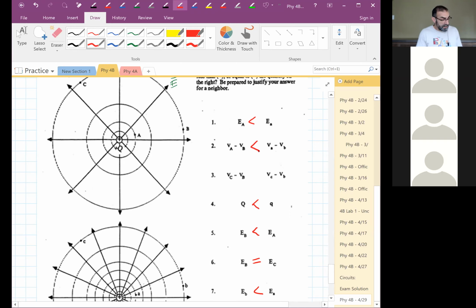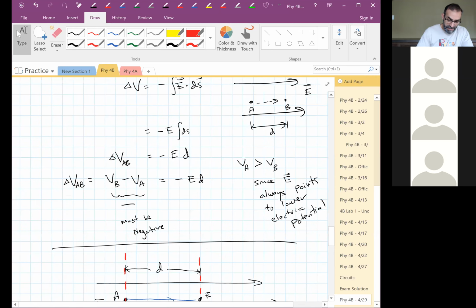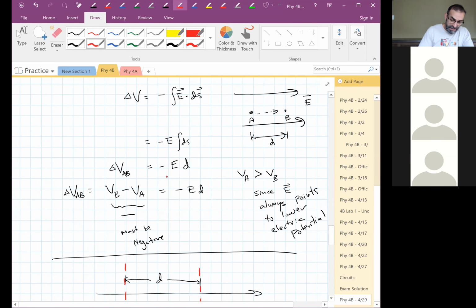And if we think about it, I know the electric field here is not constant, right? It's changing. But let's just go back to our constant electric field. Yeah, it's a stronger electric field. This distance is the same, right? Remember up here, if the electric field is constant, what is the delta V? It's just the electric field times the distance.